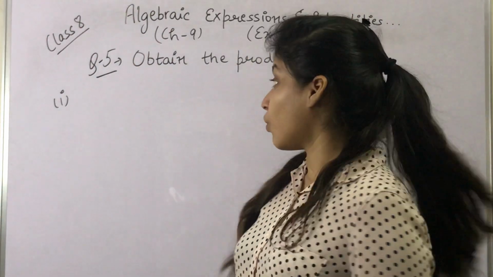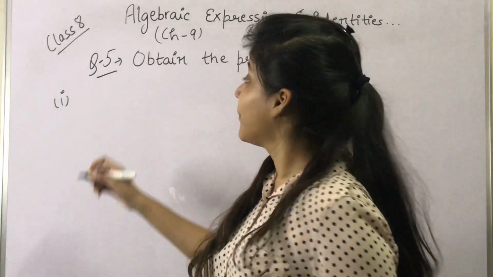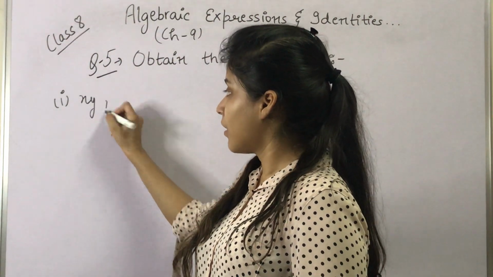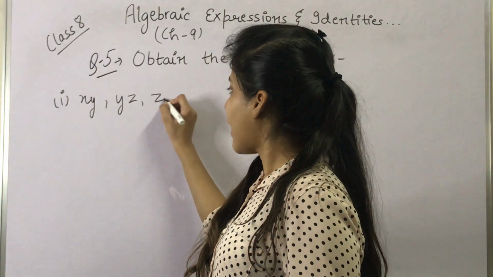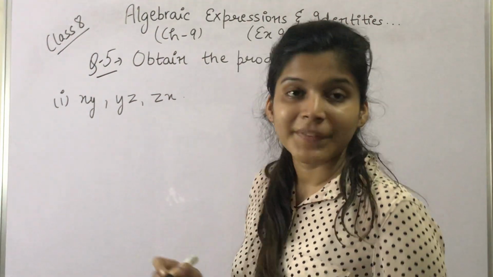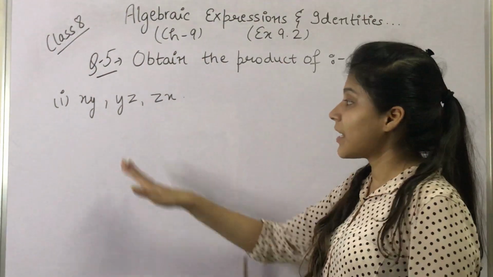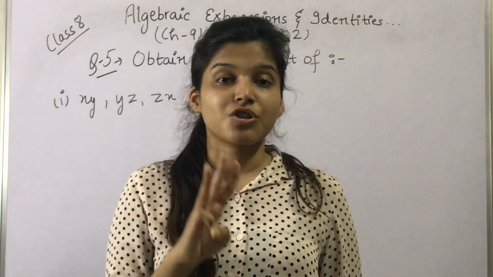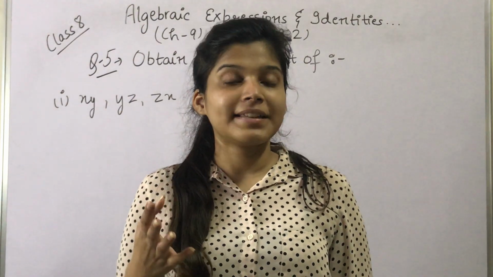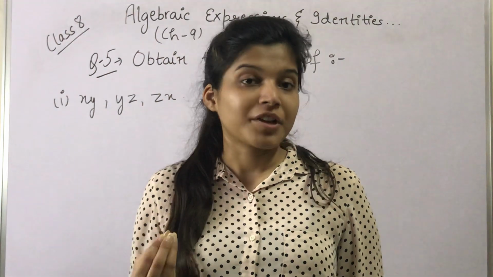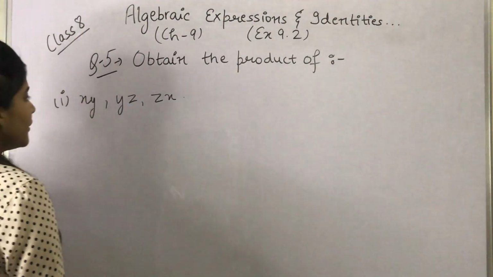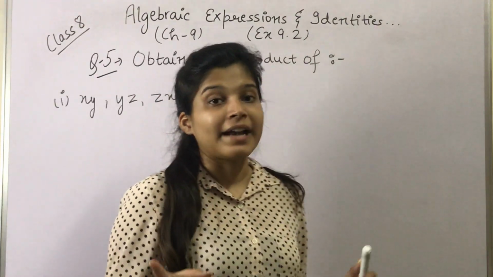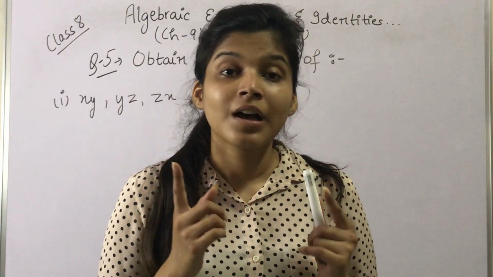Expressions, right? So the first part is xy, yz and zx, right? Yes. So we have three monomial expressions. Now again we have to multiply these monomial expressions. As we all know children, we have to add the power of like terms.